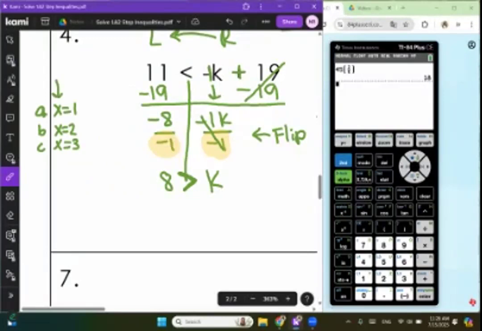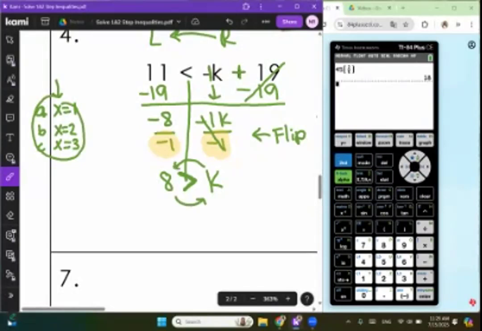Now, we are supposed to solve straight down. We didn't do anything wrong there, but for purposes of shading, for purposes of graphing on our number line, and also for purposes of being able to find our answer once we get to that multiple choice question, we need to move this K back over to the front.